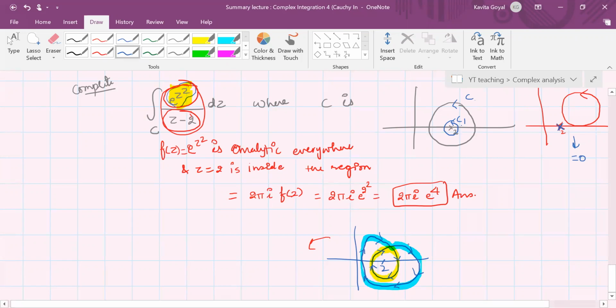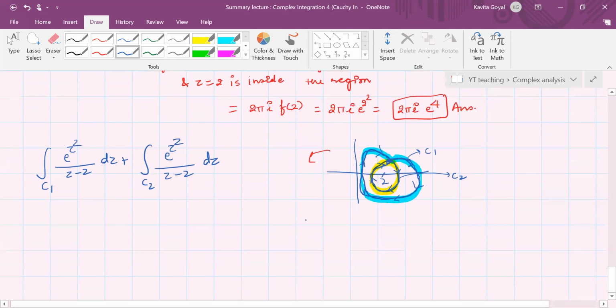Call the first curve C1 and the second C2. So your integral along C will be the integral along C1 plus the integral along C2. Is that clear? Yes, ma'am. And they are simple curves now. C1 is a simple curve and C2 is also a simple curve, so they are not intersecting themselves.